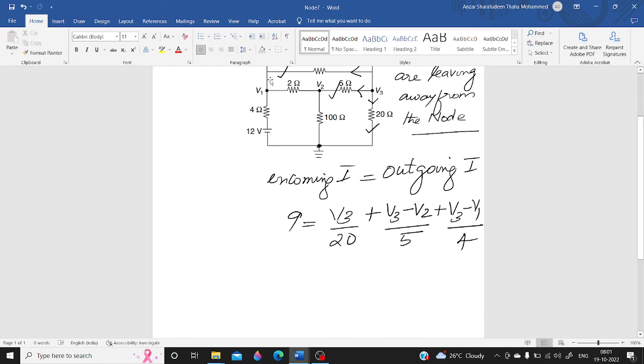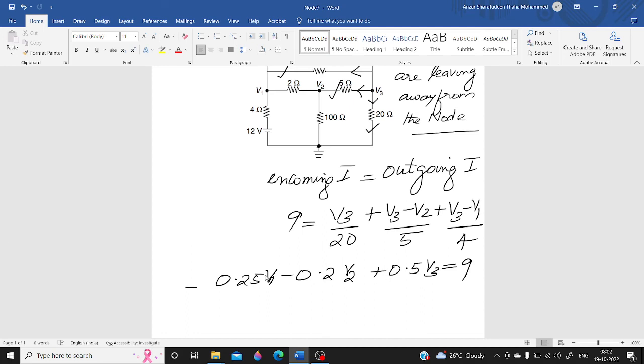Now your job is to write this equation in a more beautiful form. If you rearrange V1, V2 and V3 and simplify, you will get an equation like this: 0.25 V1 minus 0.2 V2 plus 0.5 V3 is equal to 9.